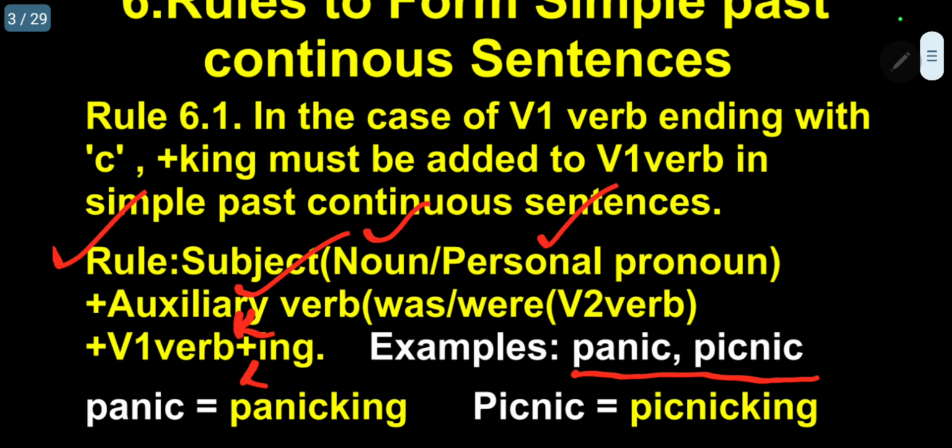Just see how I am converting: panic, in addition to C, I am adding K-I-N-G. The same way, picnic, picnicking, K-I-N-G. To convert into the continuous sentence, the present verb should be added with K-I-N-G.